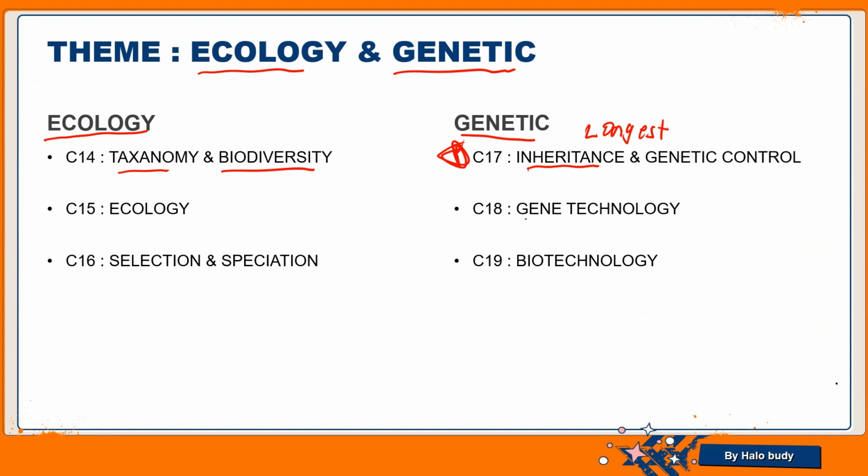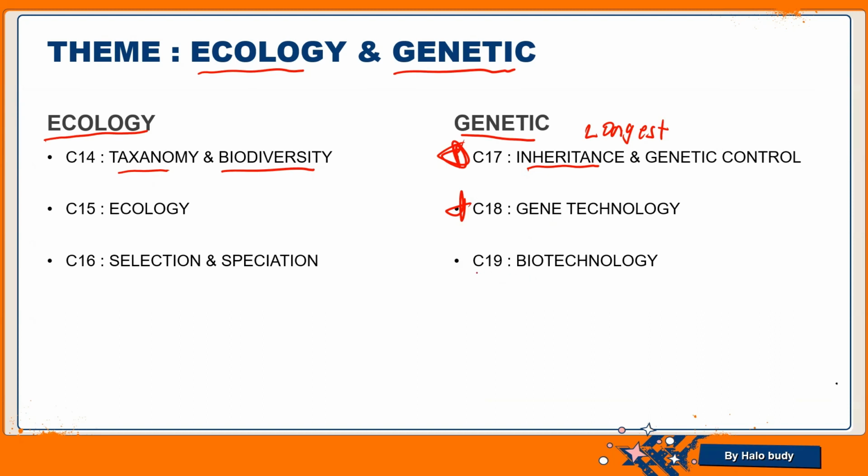For C18, gene technology, and C19, biotechnology, actually in SPM you also learned about genetic engineering. C18 is about genetic engineering, but in SPM you just learn a vocabulary briefing only, while in STPM you learn it in great detail, and there is 1 chapter for it. C19 biotechnology is the application of biology.